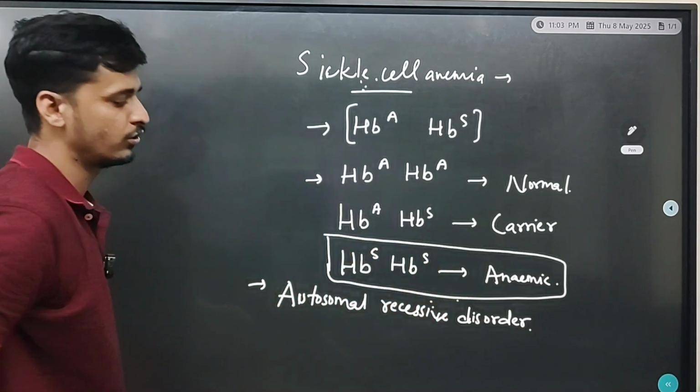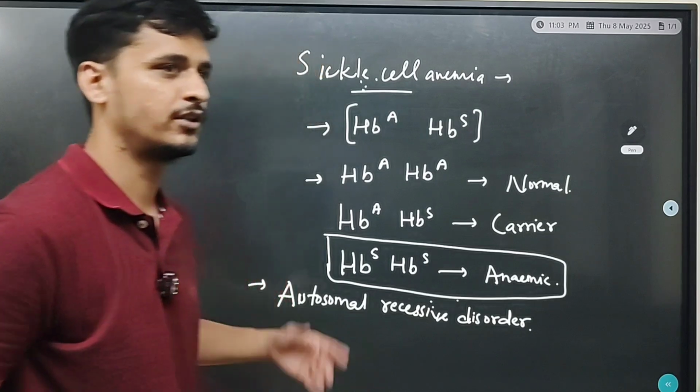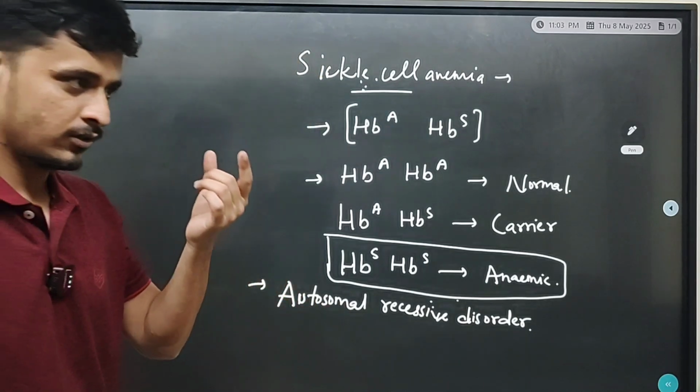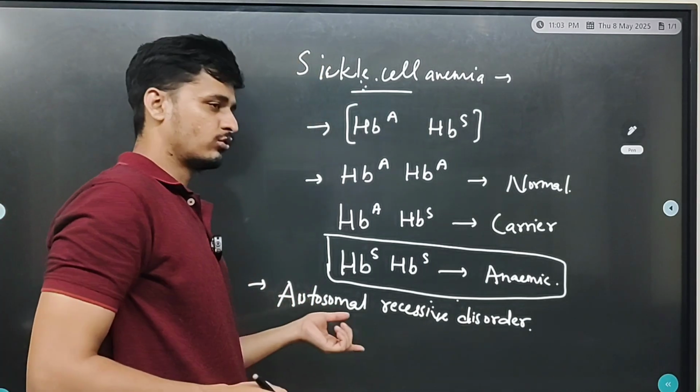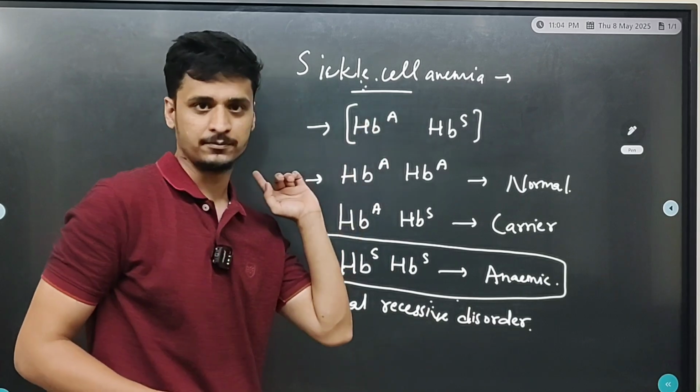Sickle cell anemia is an autosomal recessive disorder due to a change in nucleotides in autosomes resulting in the anemic condition.